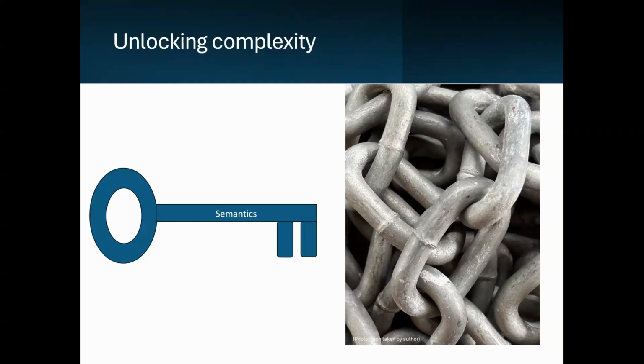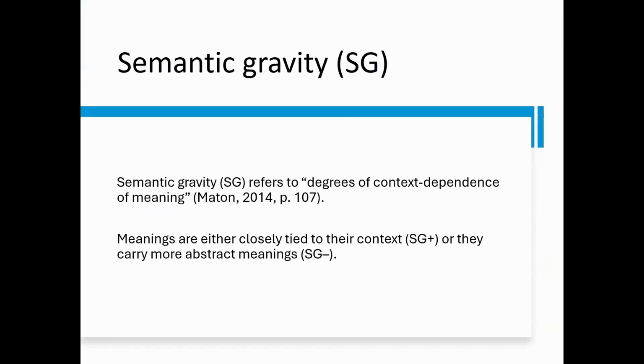And I found semantics was a key to unlocking the complexity of this classroom data. I first became aware of it in 2016, and then just as I was developing the study, the more I learnt about it, the more it influenced what I was doing.